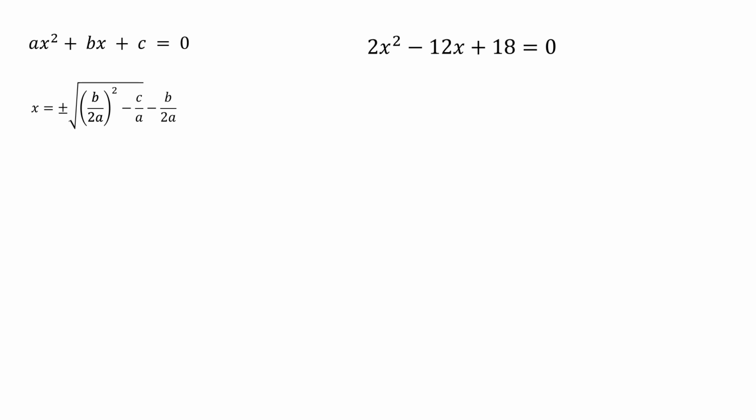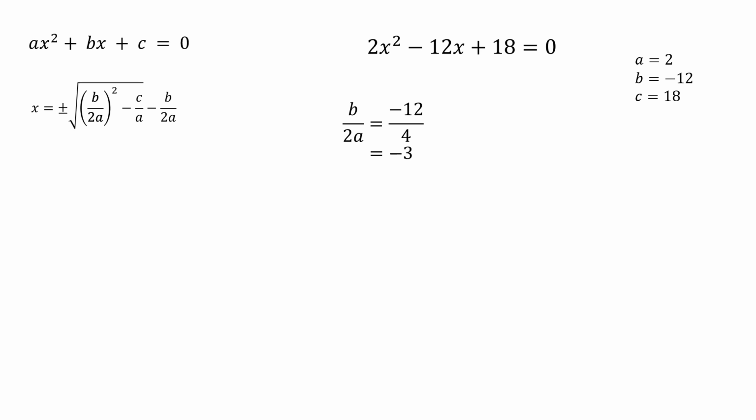First of all, let's find a, b, and c. Let's put this aside and let's solve for the first step, which is b over 2a. Now we'll memorize the negative 3.